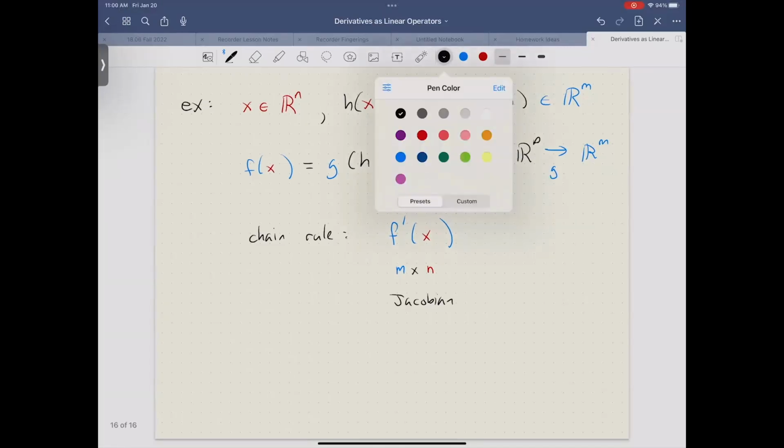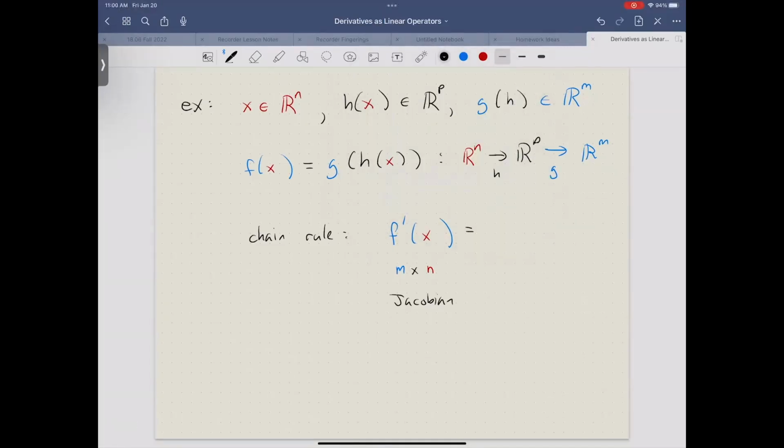This is equal to g prime times h prime. So this is going to be g prime of h of x. And g takes p inputs and has m outputs, so this one is an m by p Jacobian of g.